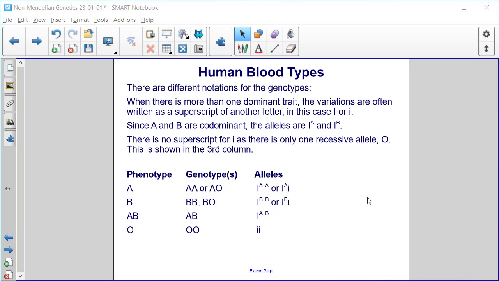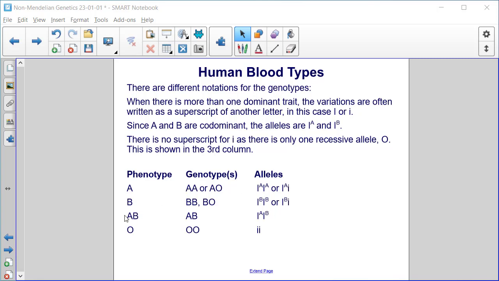So let's look at these blood types. We have A, B, AB, or O. Those are our phenotypes. The genotype is dominant for both, or dominant A and recessive O, so AA or AO. The alleles would be I^A and I^A, or I^A and the recessive lowercase i.